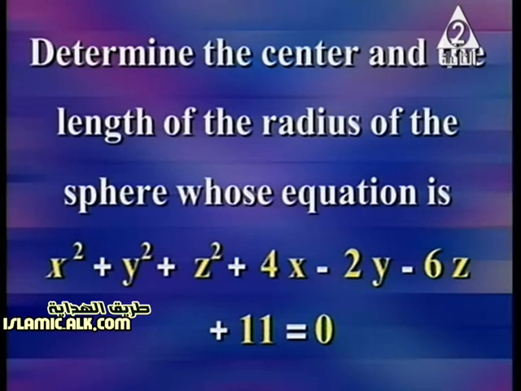Remember, dear student, in this example we determine the center of the sphere and the length of the radius. The general equation of the sphere is x squared plus y squared plus z squared plus 4x minus 2y minus 6z plus 11 equals 0.